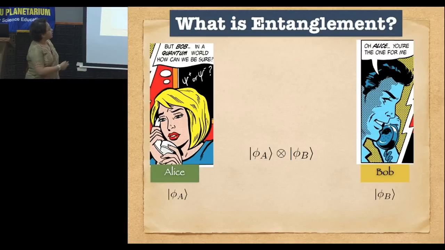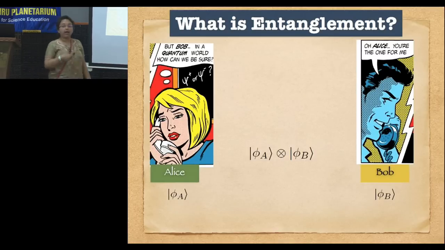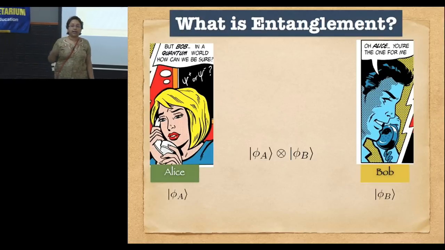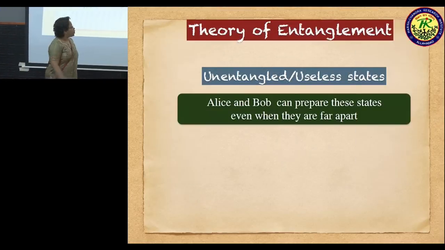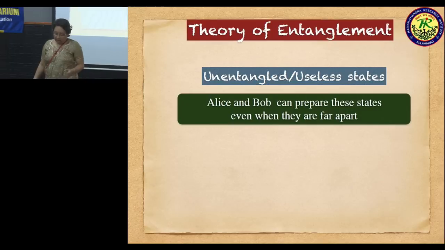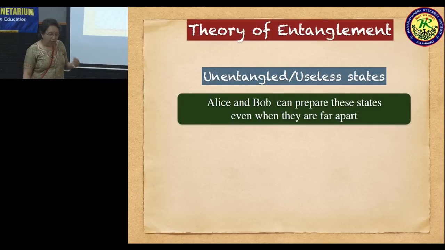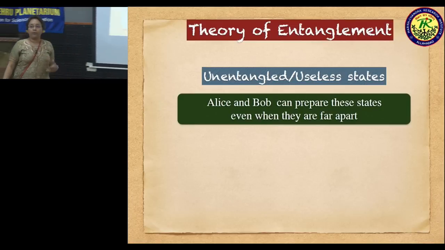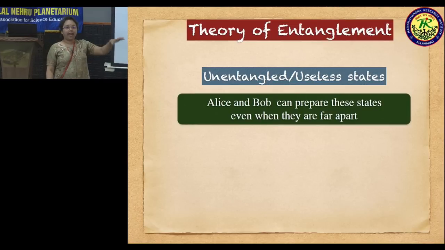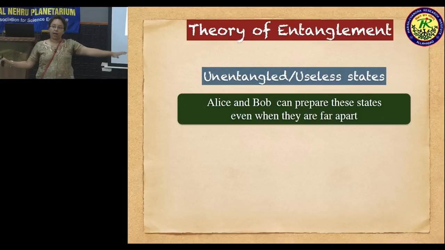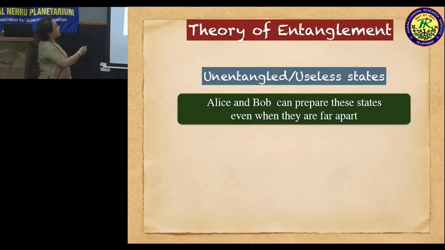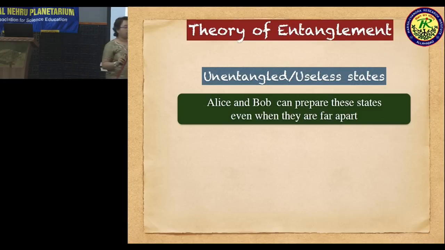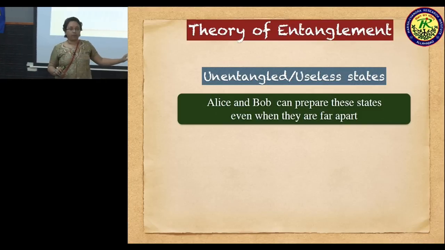Then the joint state looks like a product state in a tensor product Hilbert space that I have talked about. So if Alice and Bob will be able to prepare certain states even when they are far apart, then these are unentangled states, the useless states for the communication that I have described.